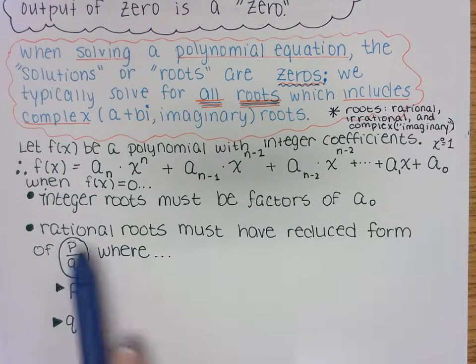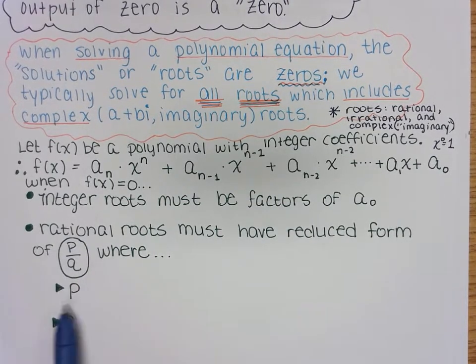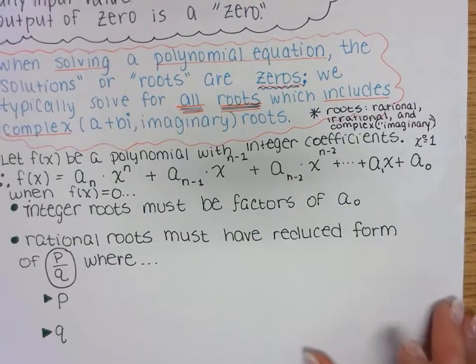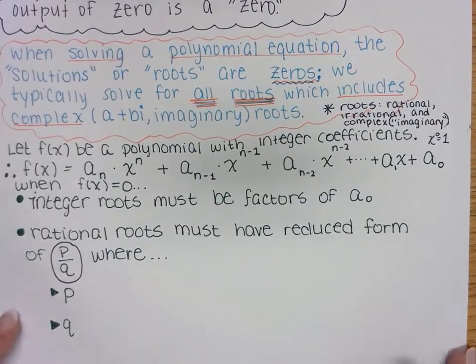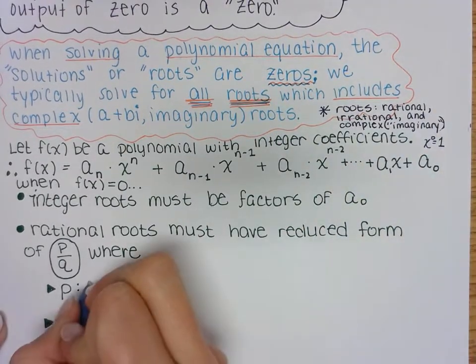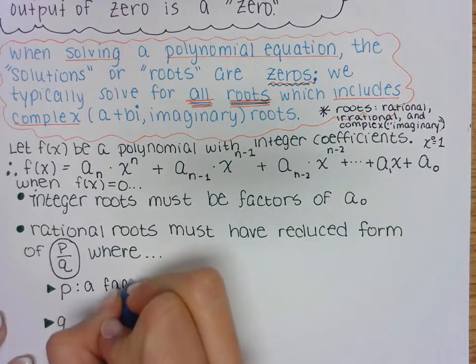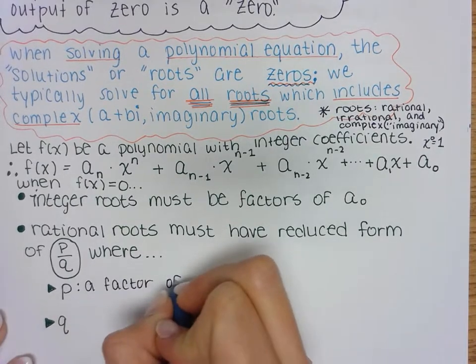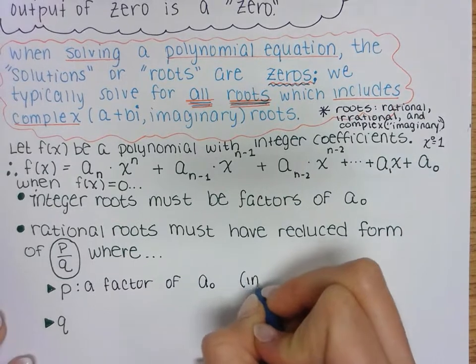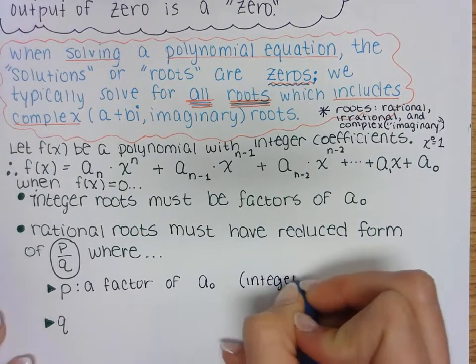Ratio, proportions, must have reduced form of p over q where? Now, what is p and what is q? We're going to define p and q right now. P will be a factor of a sub 0, and not just a factor, but an integer factor.